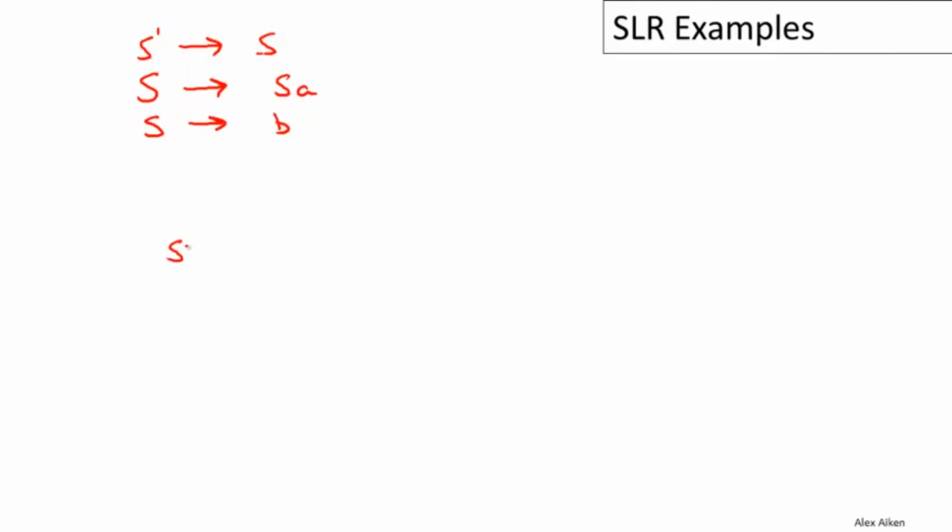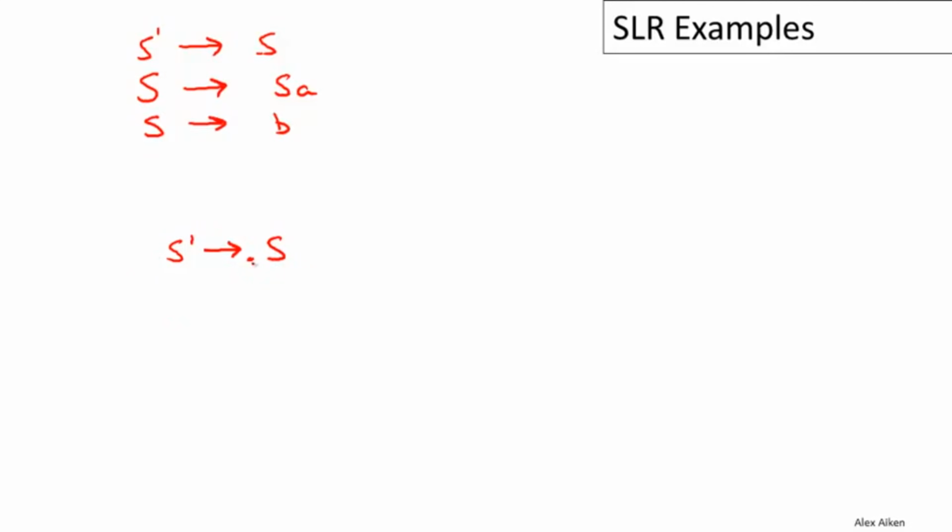Now, the start state of the parsing automaton is this item: S' goes to .S, our new start symbol going to our old start symbol. And rather than build the NFA and then do the subset of states construction, let's just go ahead and work out what items must be in the first state of the DFA.